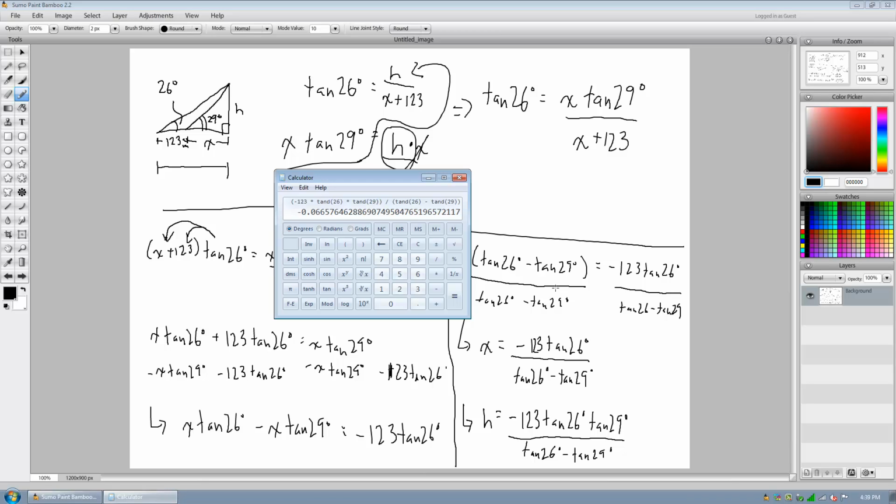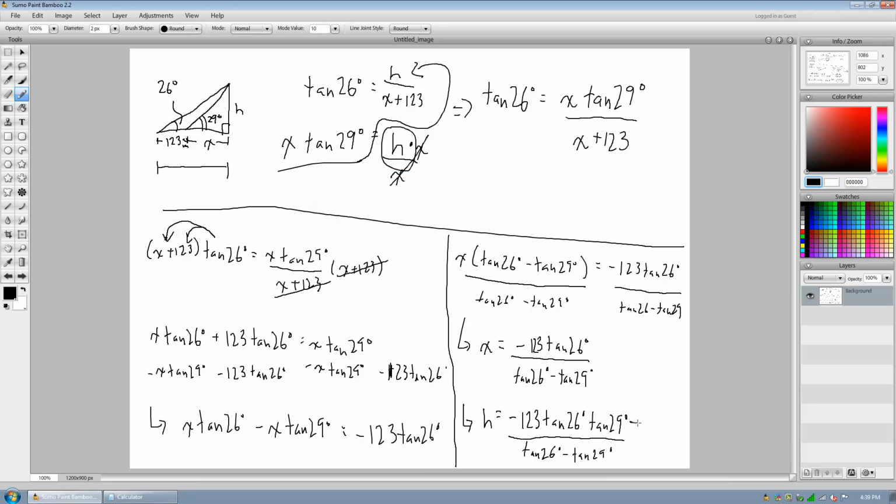It says negative 123 times tan 26 times tan 29 over tan 26 minus tan 29. And I hit enter for equals, and it tells me 499.48. I'm just going to round that up to 500 and say that the statue is a whopping 500 meters tall. And there we go. We're done.